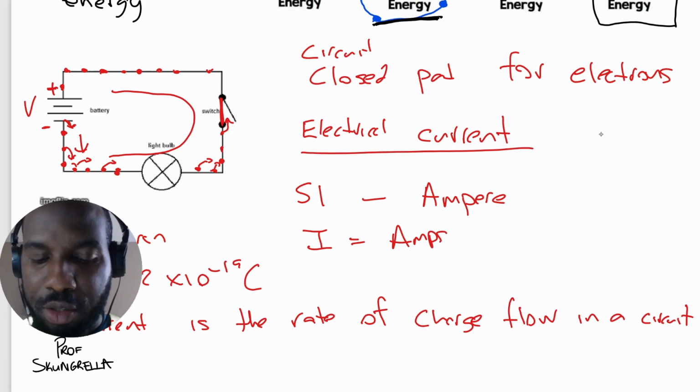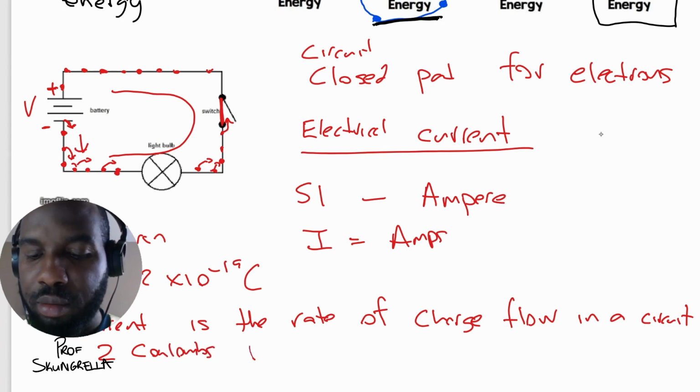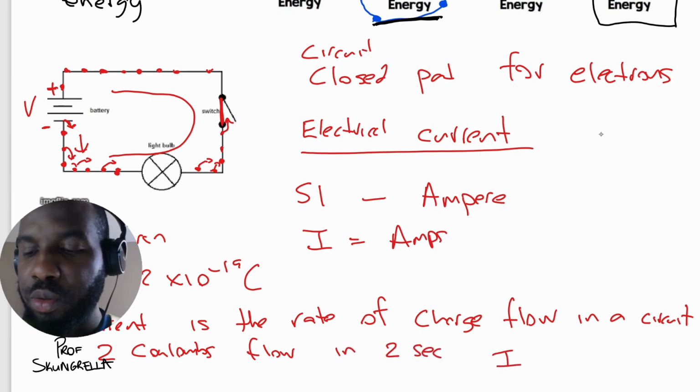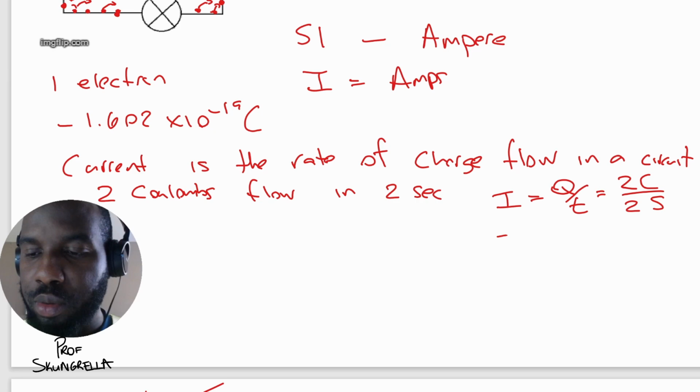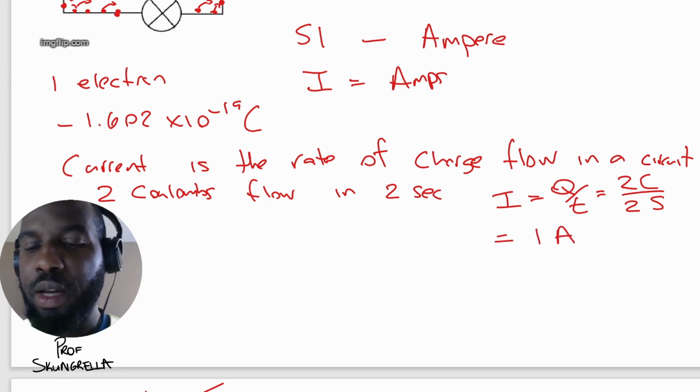If we had 2 coulombs of charge flow in 2 seconds, then the current is going to be equal to charge over time, which gives us 2 coulombs over 2 seconds, which would lead to 1 ampere, right? So again, current is the rate of flow of charge.